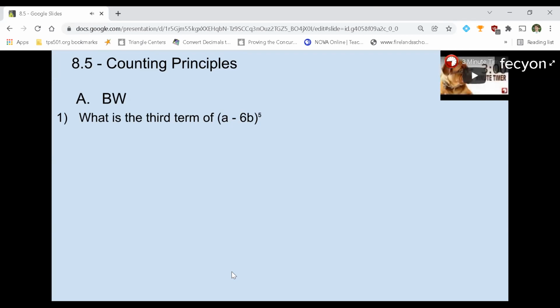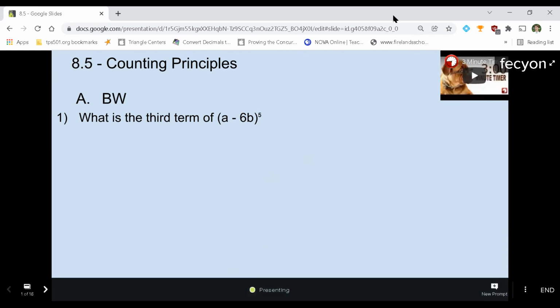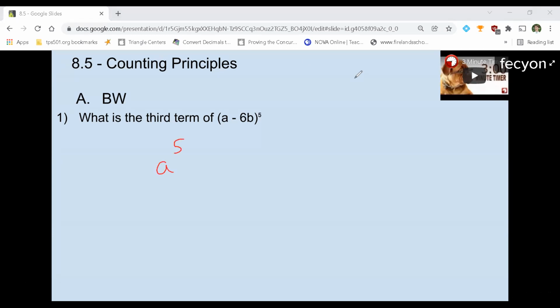All right, let's go over it. So the first term of this expansion would be a to the 5th, negative 6b to the 0 power, with a coefficient of 5 choose 0.